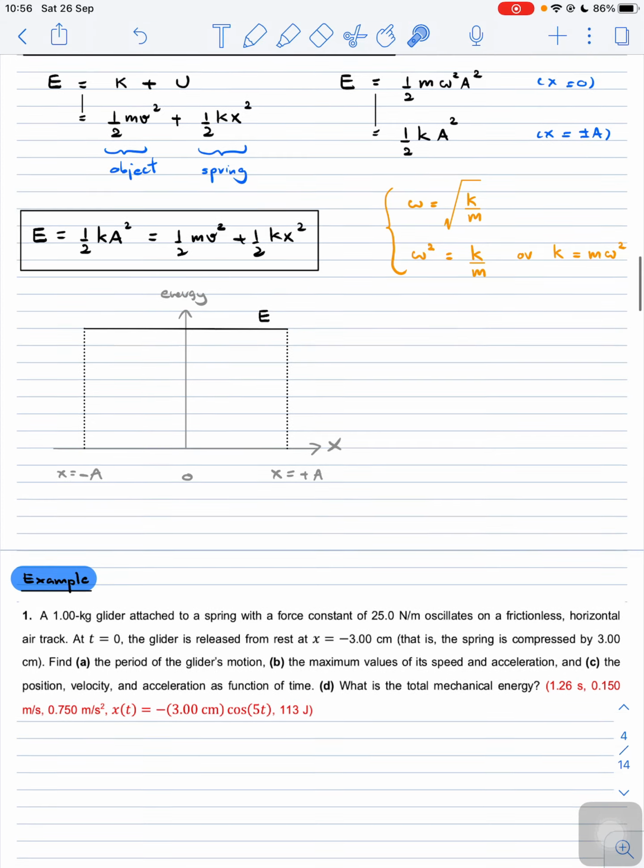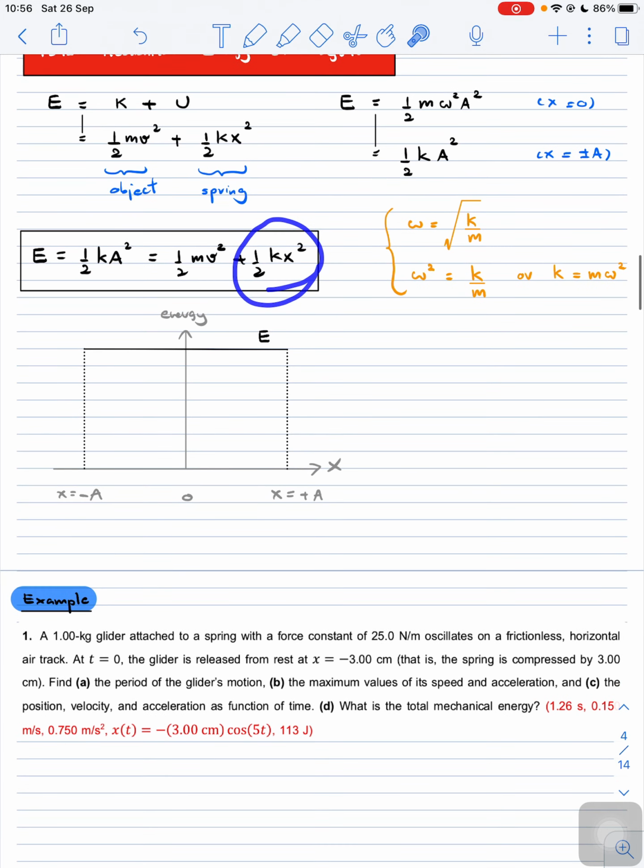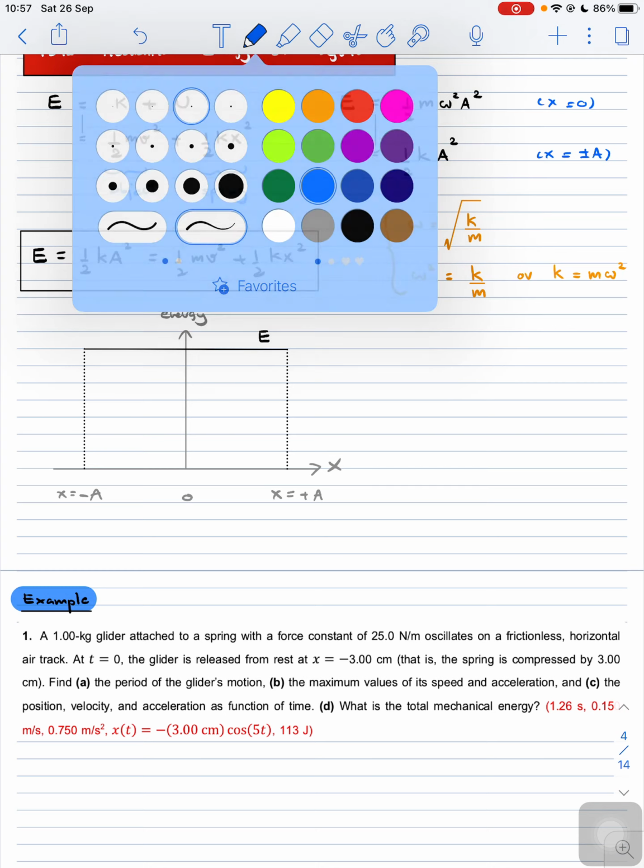Okay, so now for the graph of the elastic potential energy, 1/2 k x squared, you can see that it's just a parabolic function. So at x equal to 0, the energy equals 0. At x equal to a, the energy is maximum, then the graph just looks like this.